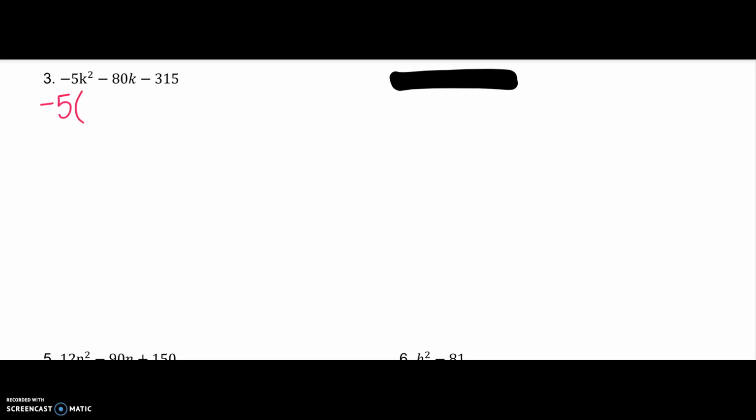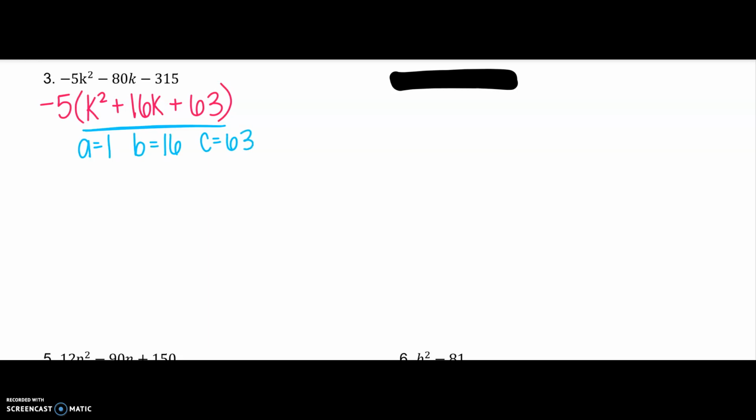When I pull out that negative 5, I'm left with k squared plus 16k plus 63. And now I can go ahead and identify my A, B, and C value from my factored equation. So my A value here is 1, B is 16, and C is 63.